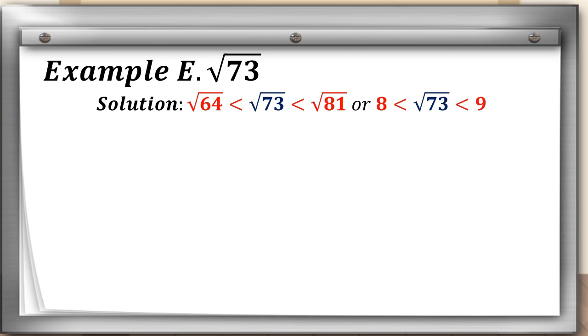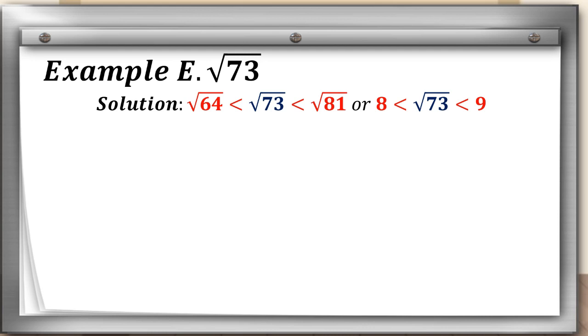So we have now square root of 73 is greater than square root of 64 but less than square root of 81. Kung mapapansin ninyo, nasa gitna ng square root of 64 at square root of 81 ang square root of 73. Therefore, extracting the square roots, ang square root of 73 ay nasa gitna ng 8 at 9.